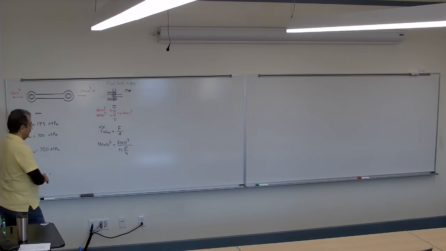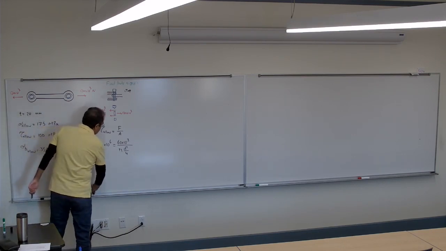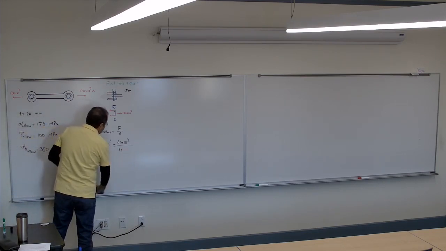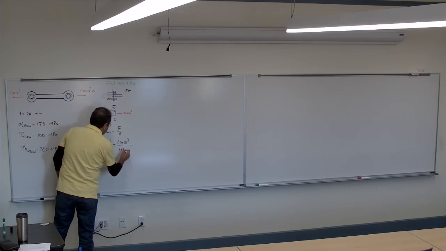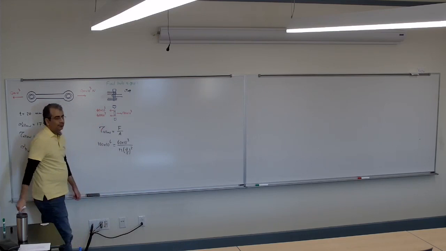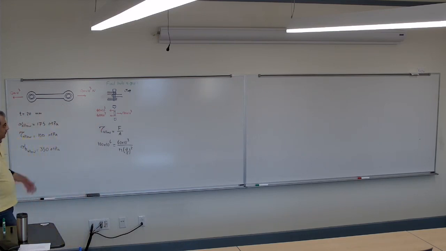Or if it gets you confused, I can write it the other way. It's easier to see what happened. Pi r squared. So find the d.